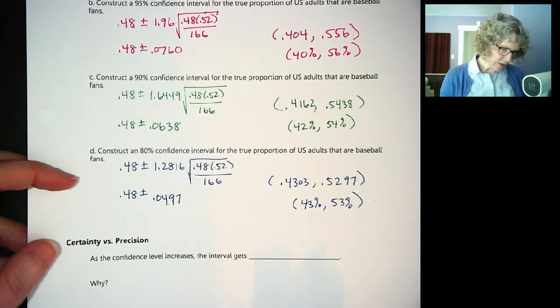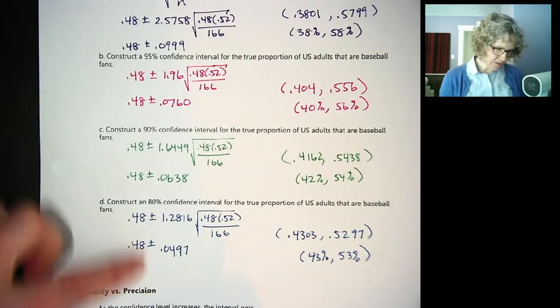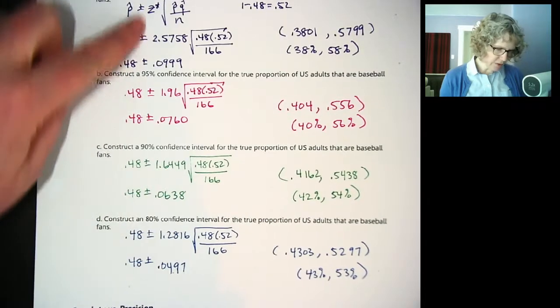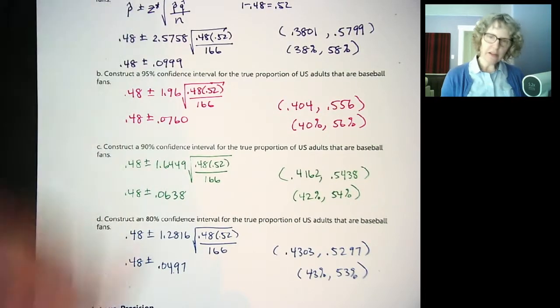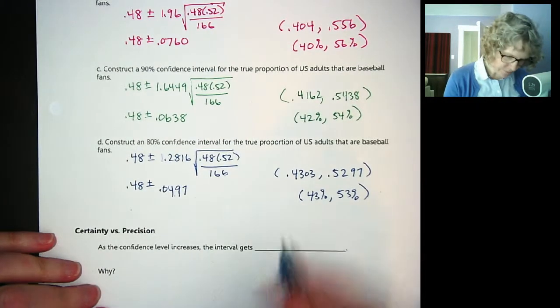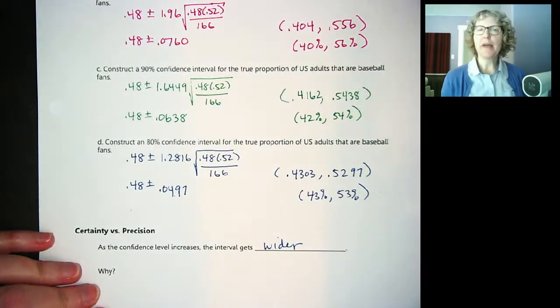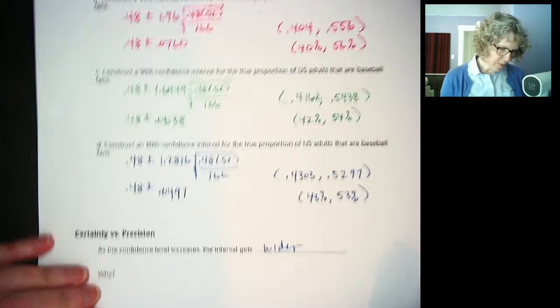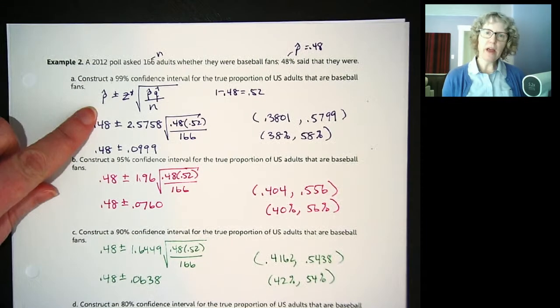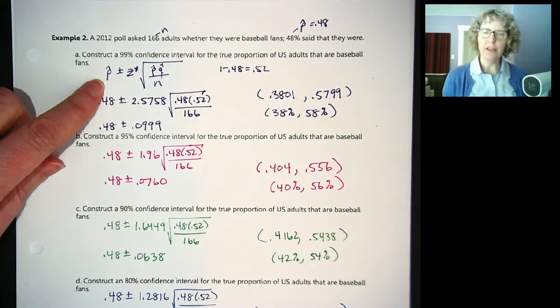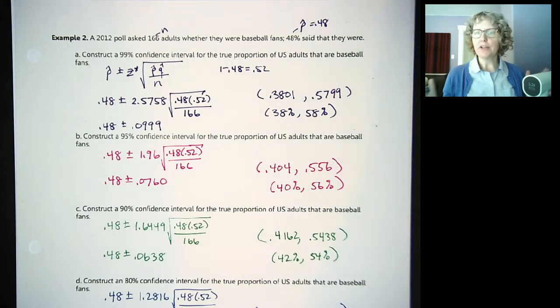So as the confidence level increases, the interval gets wider. Sometimes people think that's backwards of what they think it should be. But really, in order to have more confidence, we have to have a wider net or a wider interval.